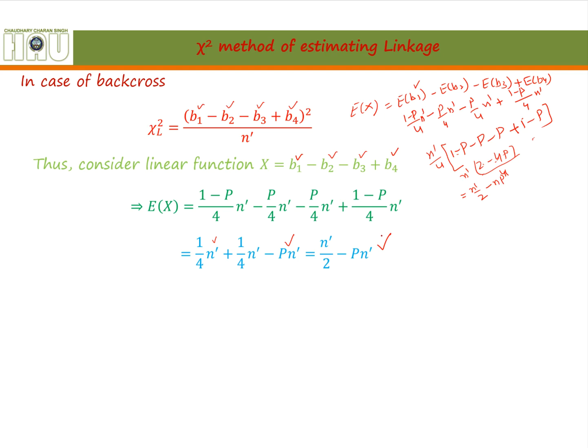Now from this expression, n dash p is equal to n dash by 2 minus (B1 minus B2 minus B3 plus B4).